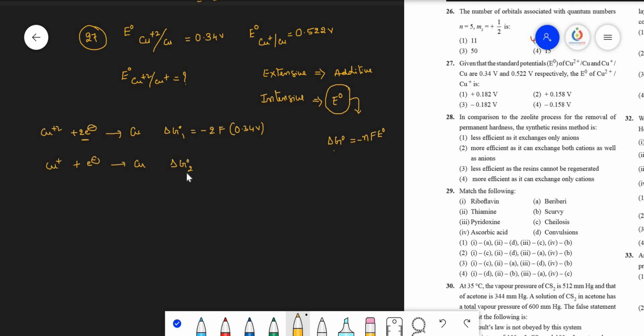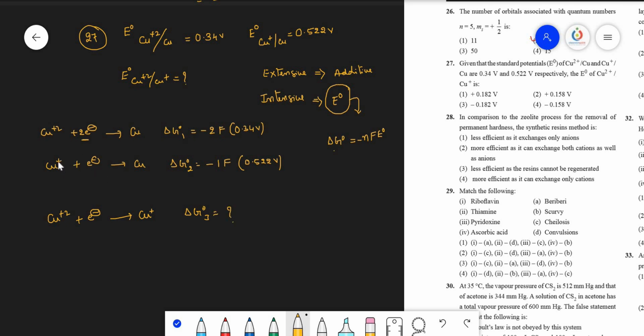Delta G0 2 is minus 1 F times 0.522 volts. And they are asking us to calculate Cu plus 2 plus electron gives Cu plus, so delta G0 3 has to be calculated.